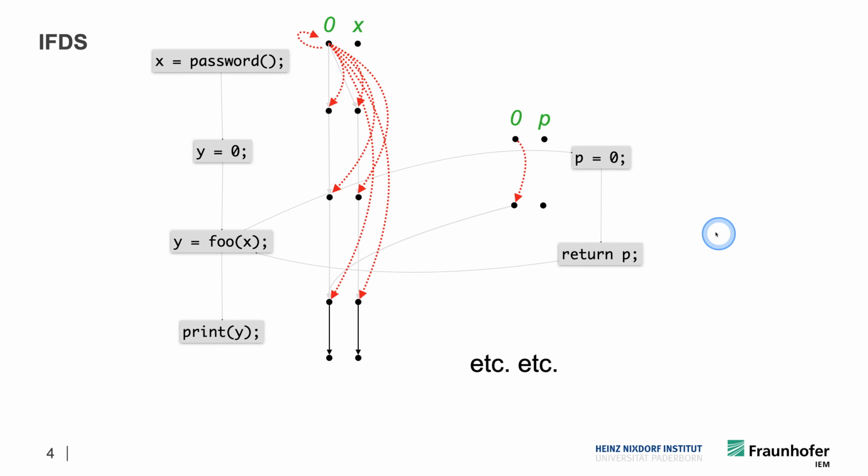So in IFDS, if you remember, we were basically computing these different path edges here that summarize intermediate flows, basically from one statement to the other, in particular from the entry point of a certain procedure to a given statement.